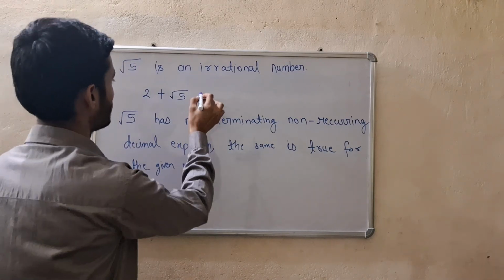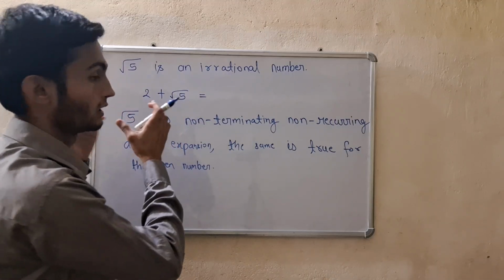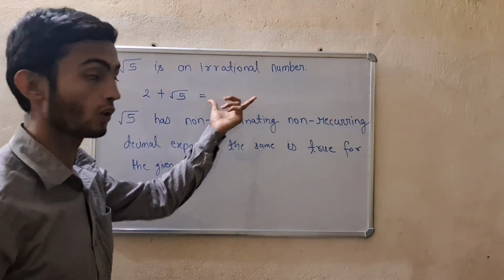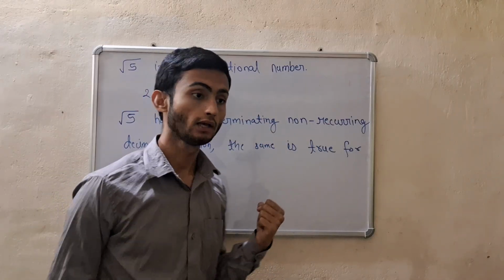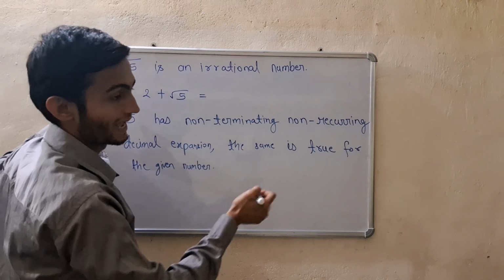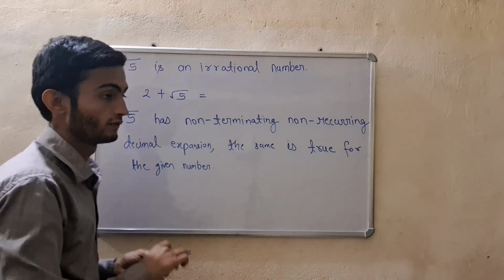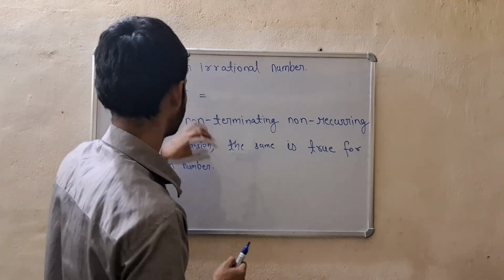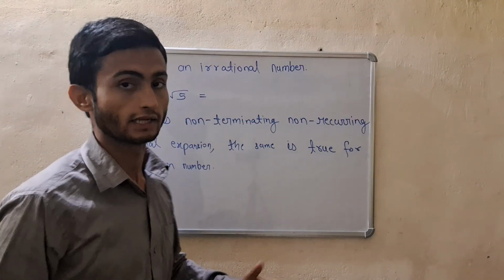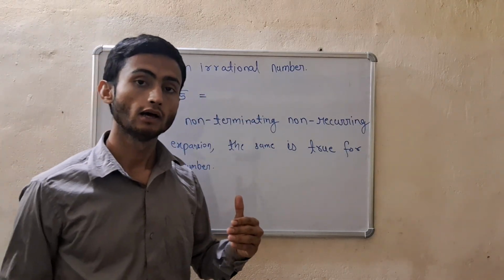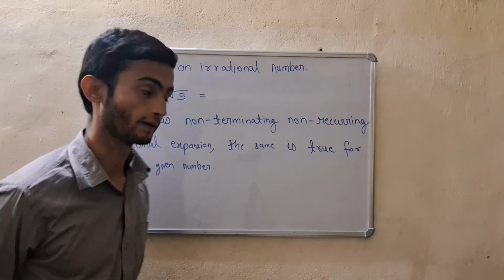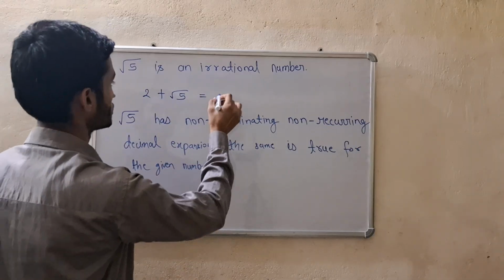So the sum of a rational and an irrational will also be irrational. Why? Because this rational number is just going to get added to the integral part of this square root, and we know that square root of 5 is an irrational number with a non-terminating and non-recurring decimal expansion. So this will also be irrational.